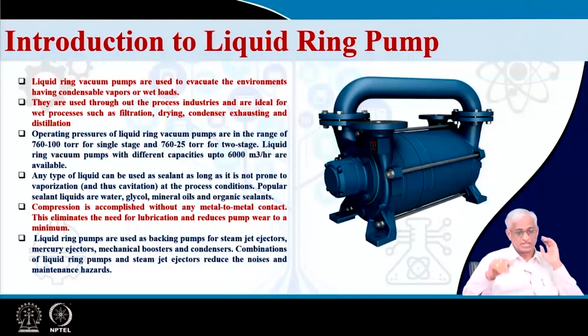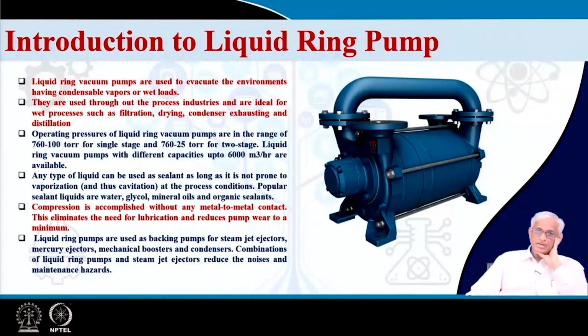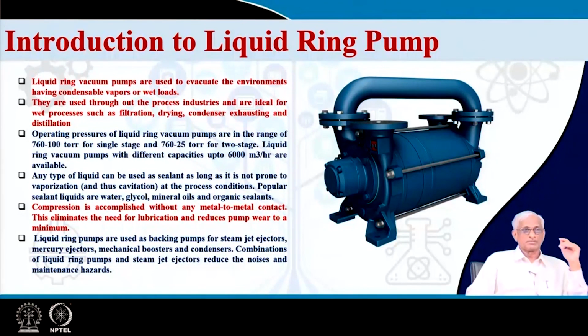This is what you have to understand. And they not only evacuate a chamber or a process load from atmosphere to 30-40 torr, they can also be used as backing pumps to some other pump which can produce 1 torr, 0.1 torr like that.